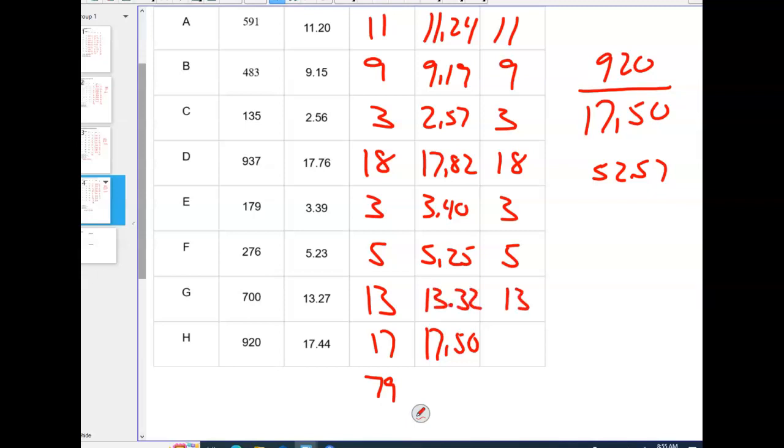That still rounds to 13. And then obviously our 920 divided by 52.57 gives me 17.50, and that now rounds to 18. I add up that column, and we get 80.